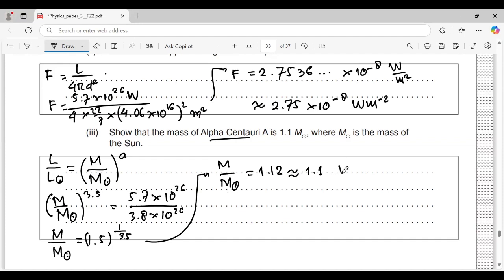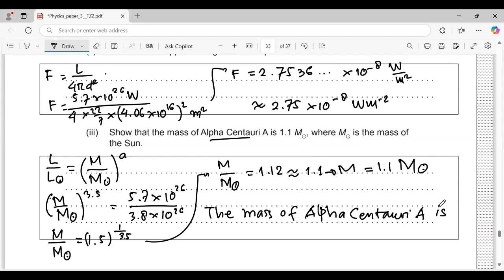So the mass of Alpha Centauri A equals 1.1 times the mass of the sun.